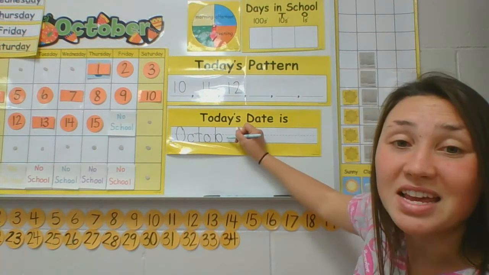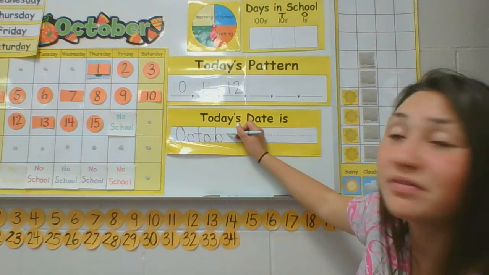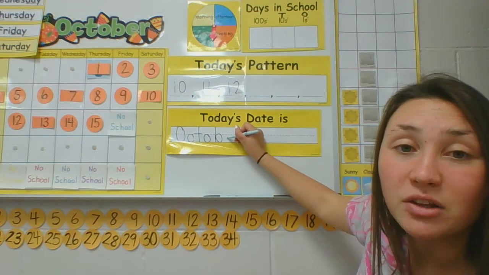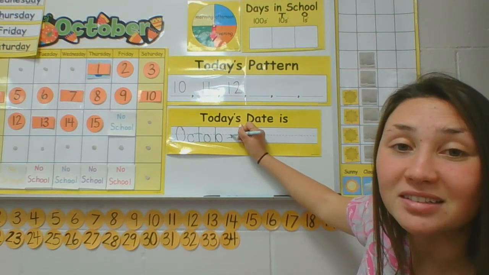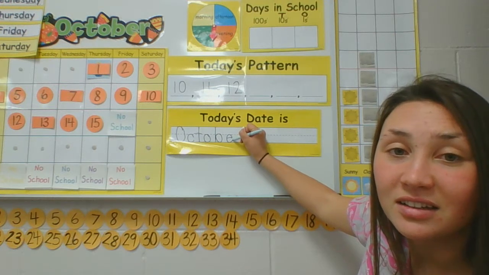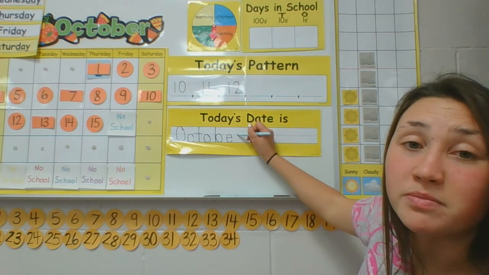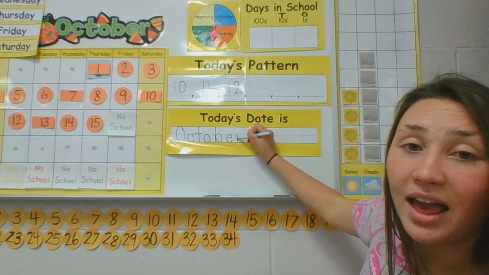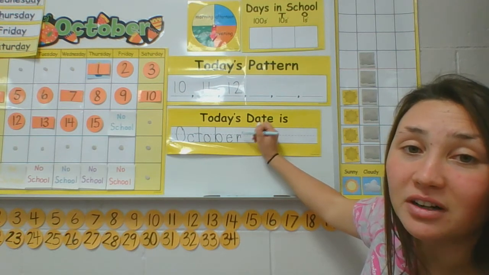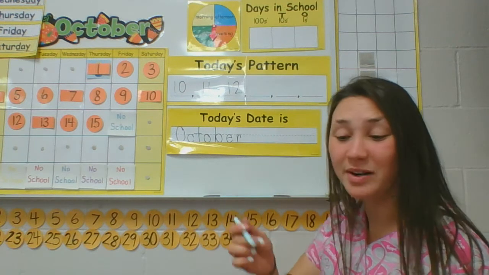To make a lowercase e, you go between vanilla and the bottom line, you go to the right, and then you make a C. Just like that. And then to make an R, you can go from vanilla to the bottom, and then fix up with a hook. And that's how you write October.